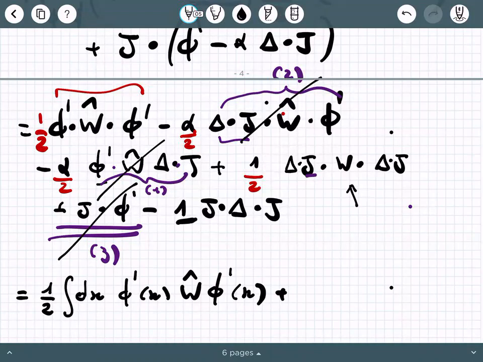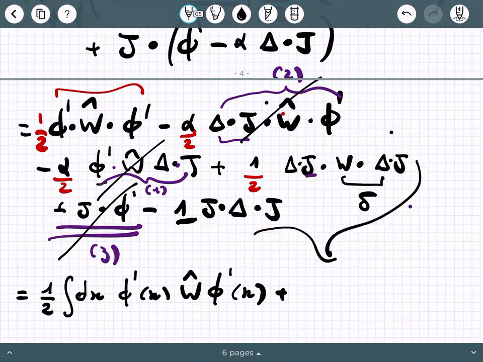Now, for the same reason, if you look at the screen now, when W acts on this propagator it will give me a delta function. So basically, these two terms are the same. They have a different coefficient.